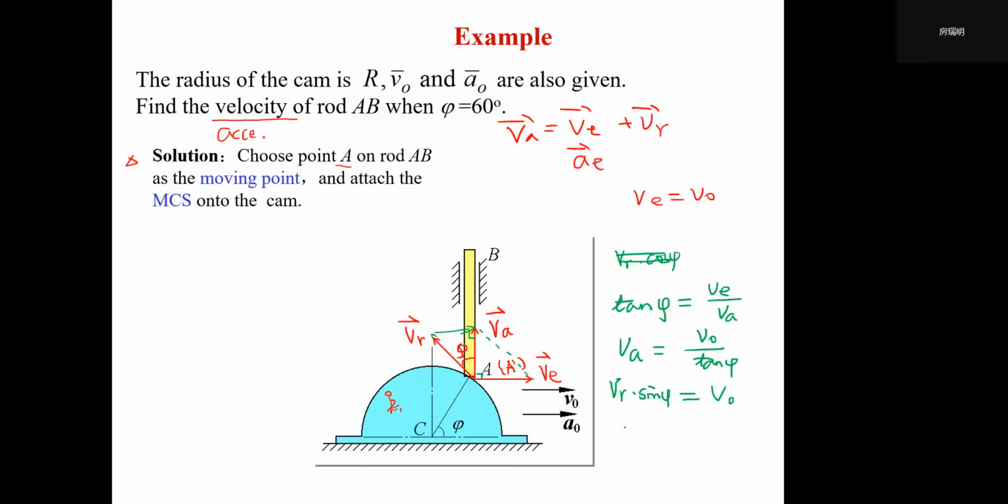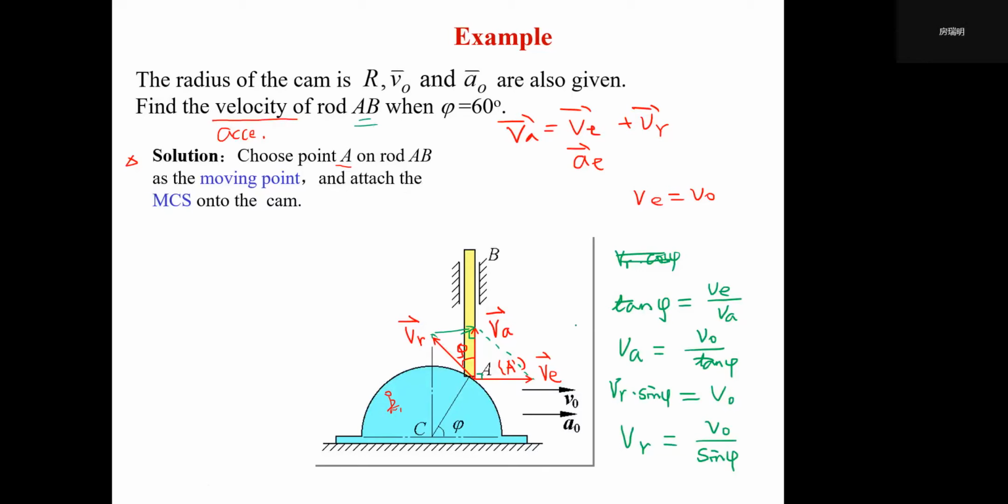So our VR will equal V0 over sine phi. So that is how we use the theorem of composition of velocity to tackle this kind of cam follower mechanism to find the velocity of rod AB.